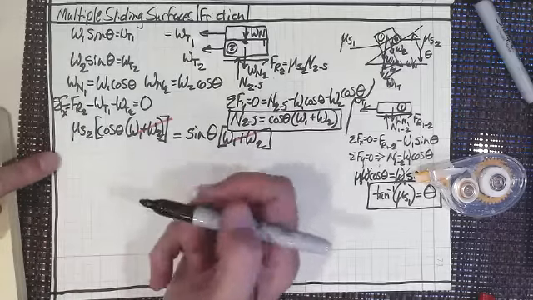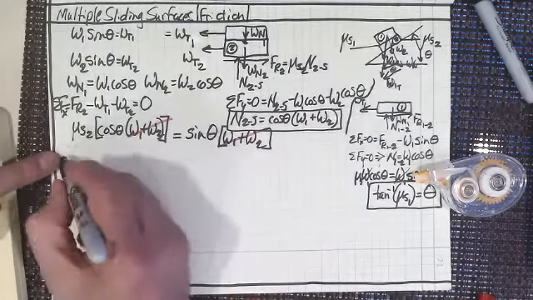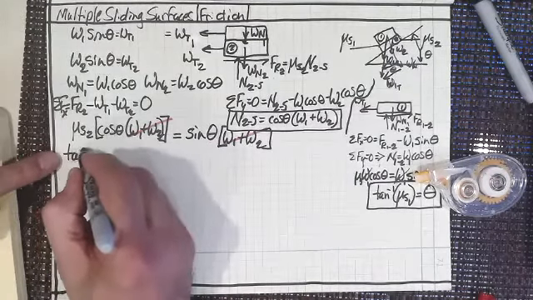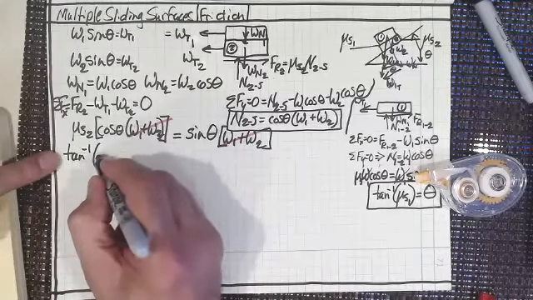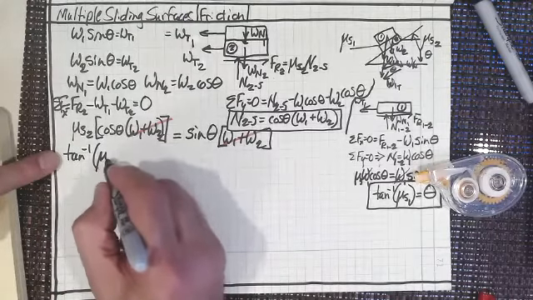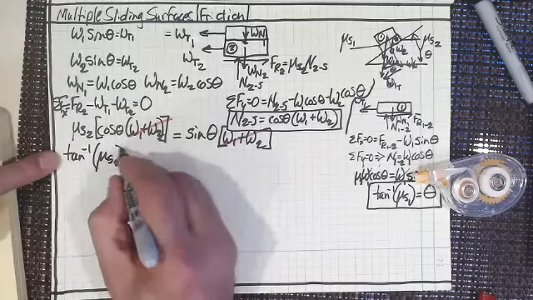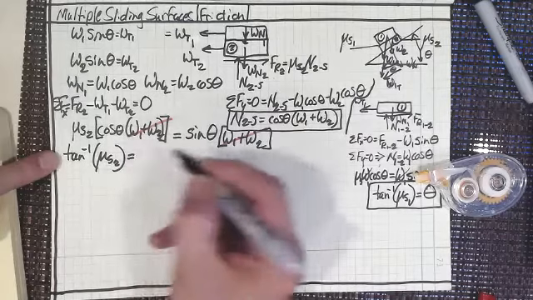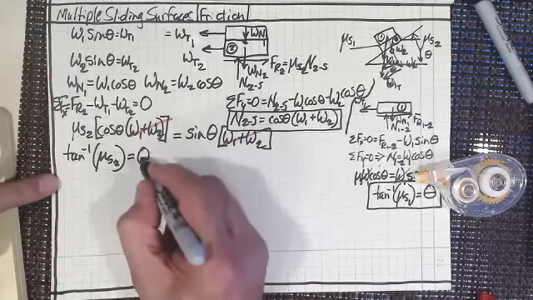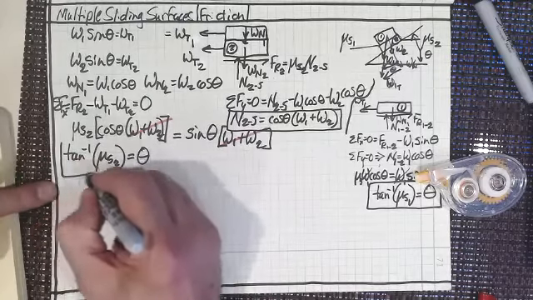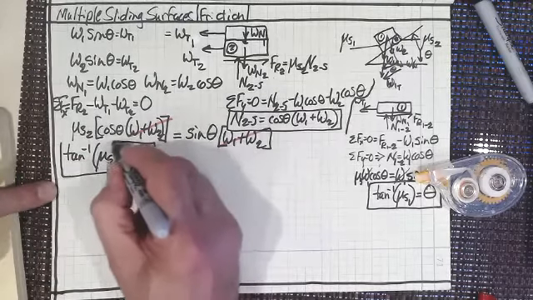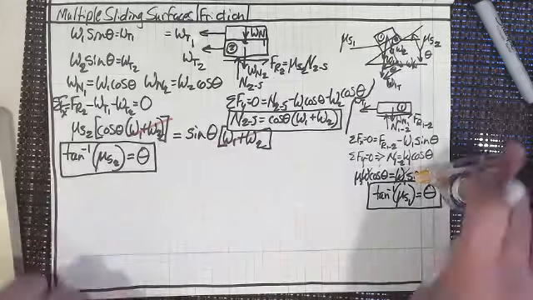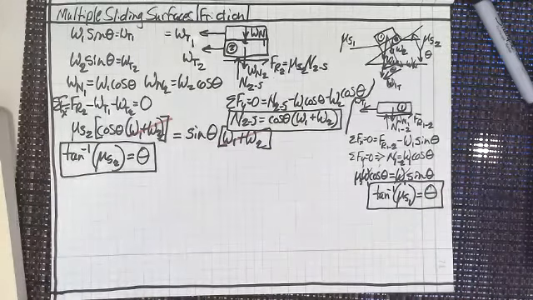Because what this says is that the inverse tangent of mu s2 equals theta. Now I can stack these up as high as I want. I'm still going to get that thing.